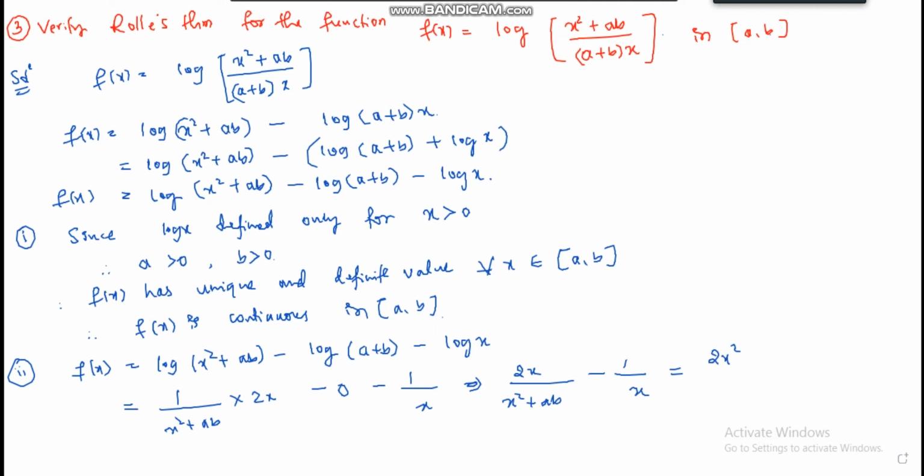Now simplify again. So f dash of x is equal to 2x square minus (x square plus ab), taking the LCM, divided by x into (x square plus ab), because we take x and x square plus ab as the LCM. Therefore f dash of x is equal to x square minus ab divided by x into (x square plus ab), which exists.